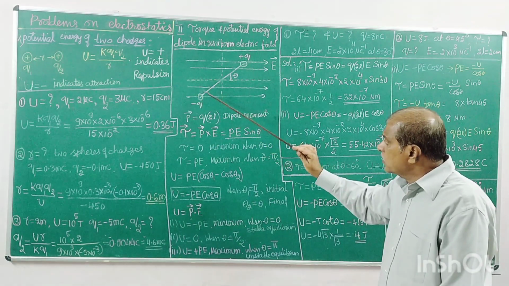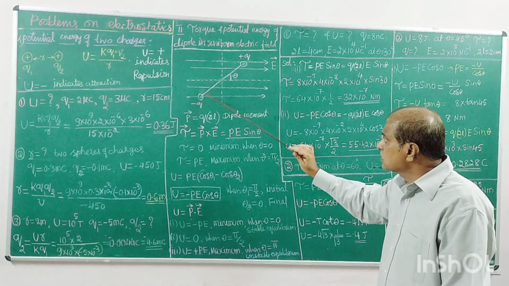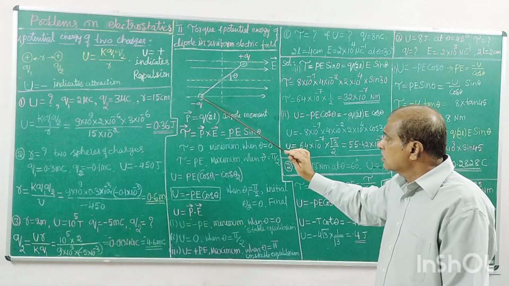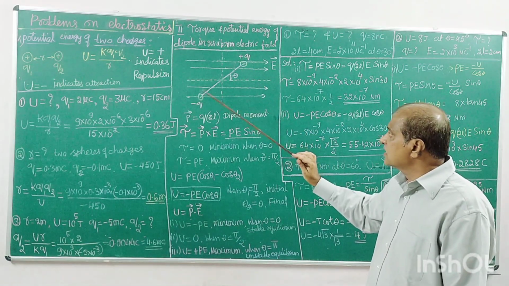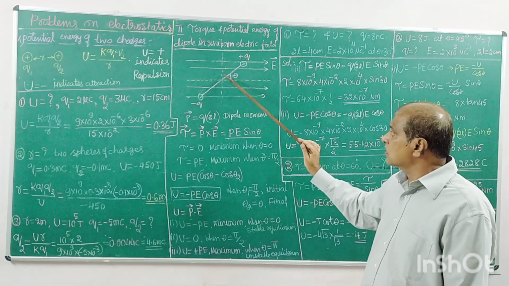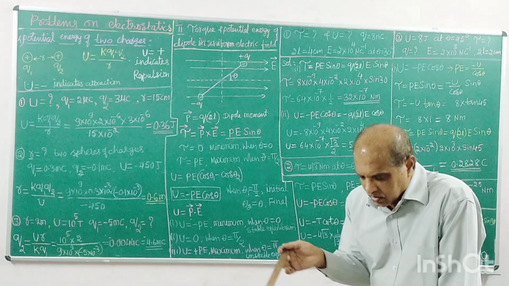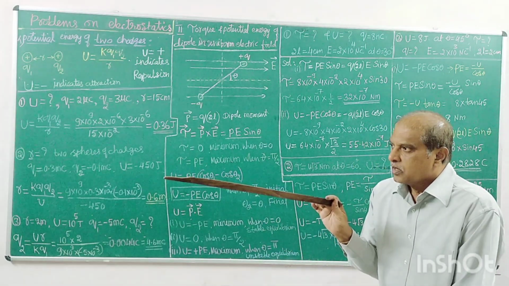So we have unequal forces in opposite directions. This results in a net force on the dipole. Any net force on an object will cause displacement.